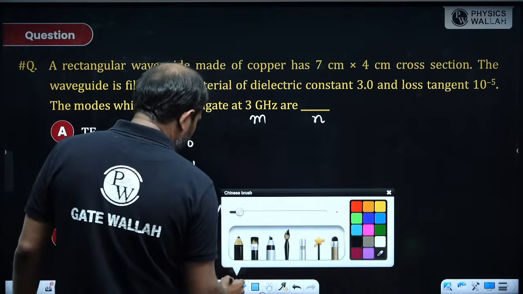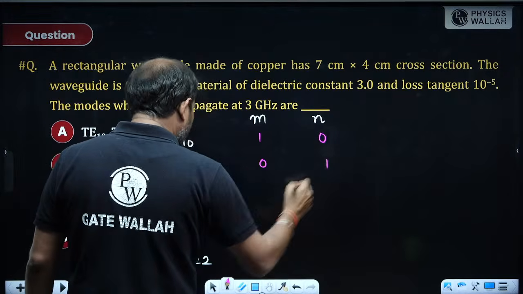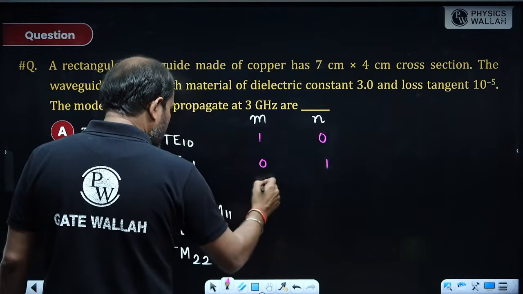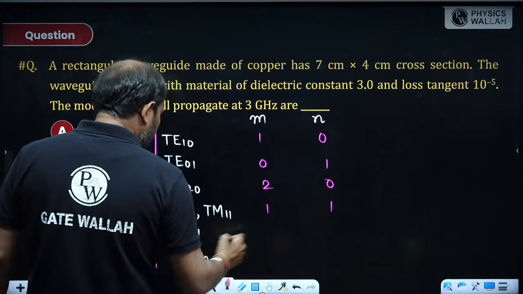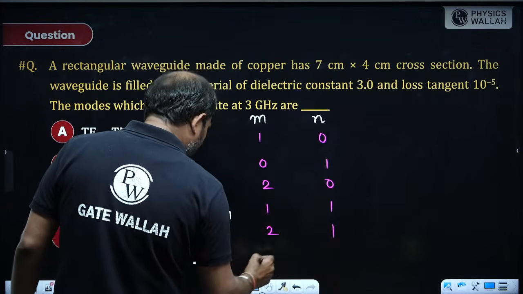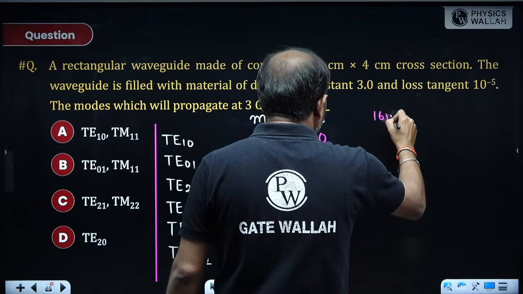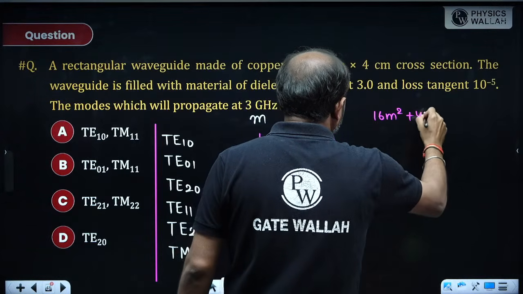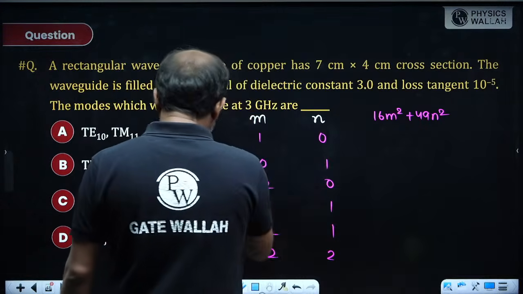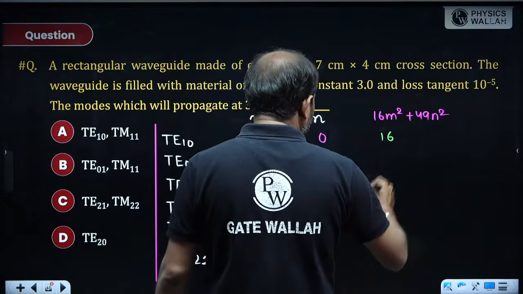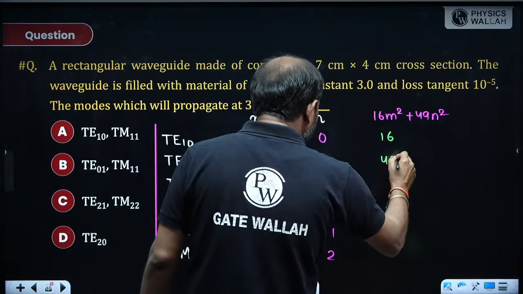So you have to calculate the value. Here M is equal to 1, N is equal to 0, 0, 1, 2, 0, and 2, 0 and 1, 1, 2, 1 and 2, 2. Here 16 M square plus 49 N square. How much will it be? 16 M square, 16. 49 N square, 49.